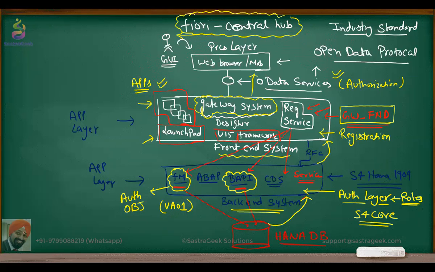Basically, these both are application layer. So your application layer is also a box which requires infrastructure. For S/4HANA implementation, it is not mandatory that your application layer would be on a HANA database.